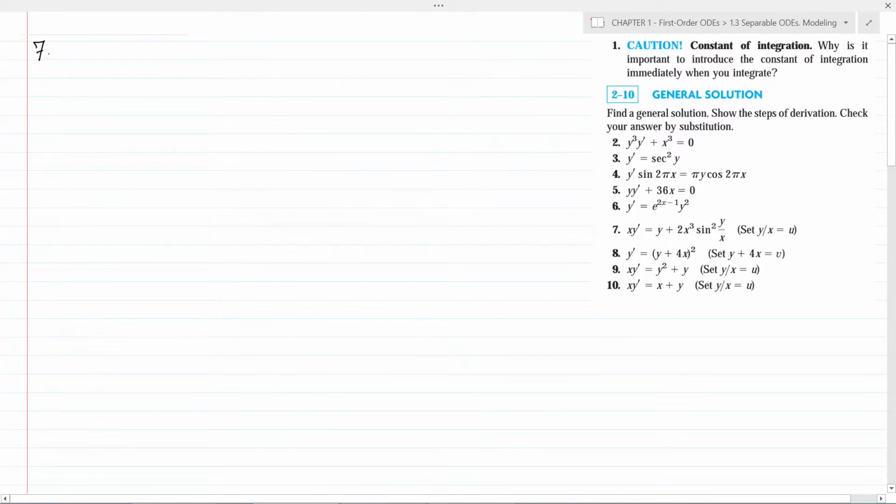Problem 7. x y dash is equal to y plus 2x cube multiplied by sine square y by x.